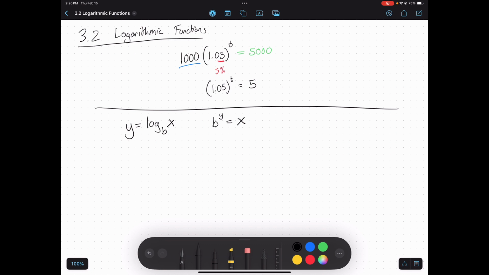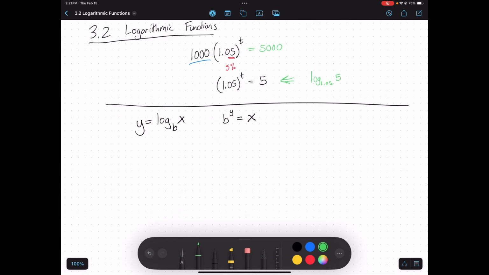So for example, our example from above would turn into log base 1.05 of 5. Because once again, it answers that question: what power would I raise 1.05 to in order to get 5? So that's what a logarithmic function does.